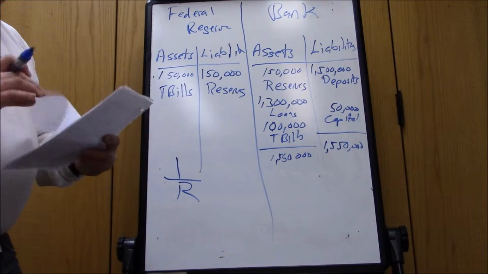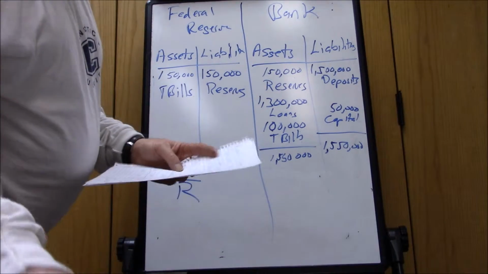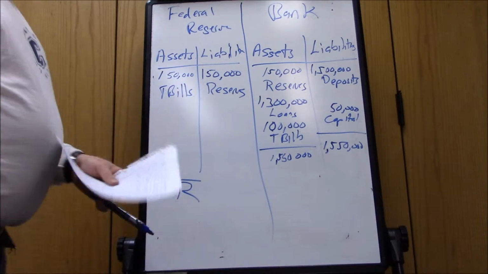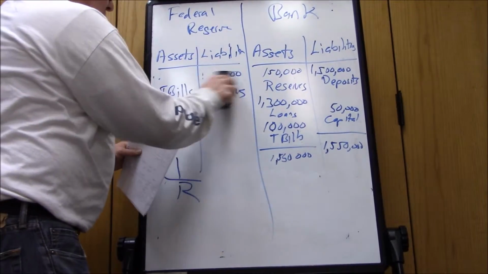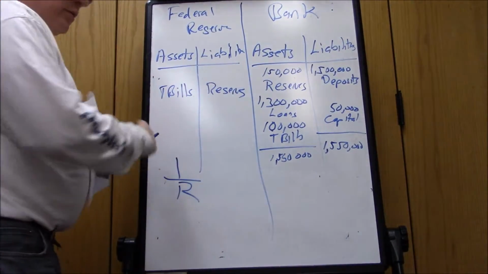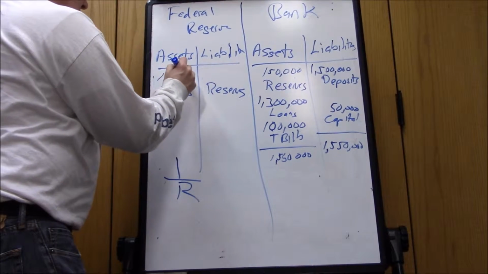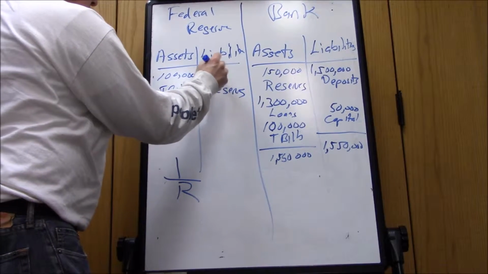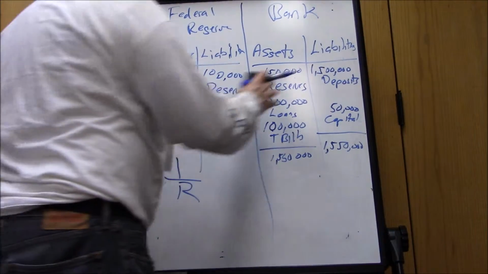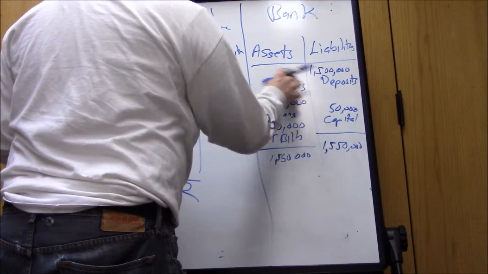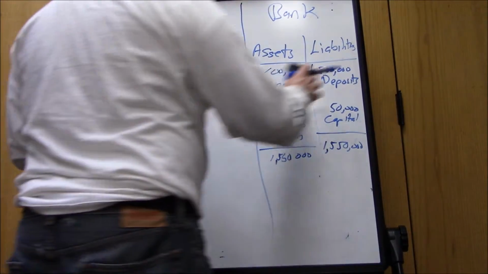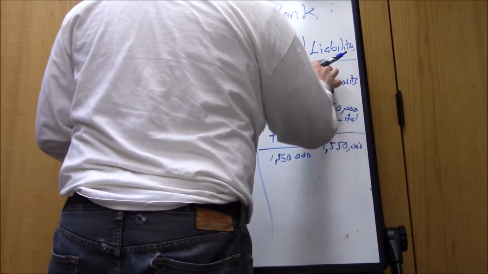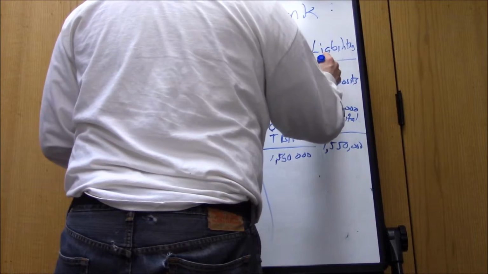Now, obviously, the same thing can happen in reverse. So I'm going to go back to our original example where we had $100,000 in T-bills and $100,000 in reserves at the Federal Reserve Bank. And so these assets were $100,000. And so that only supported $1 million worth of deposits.